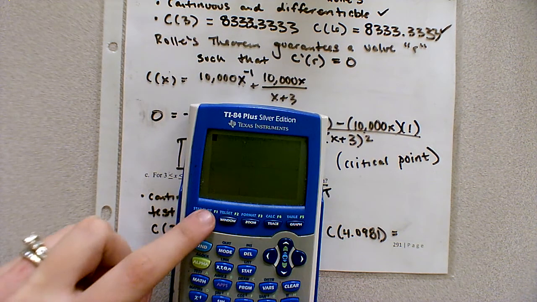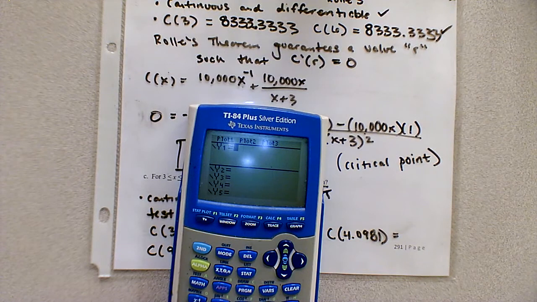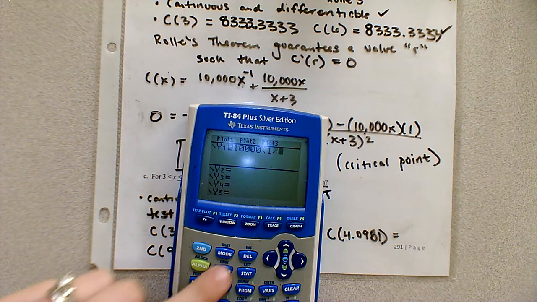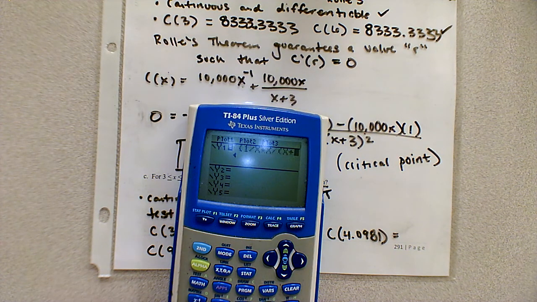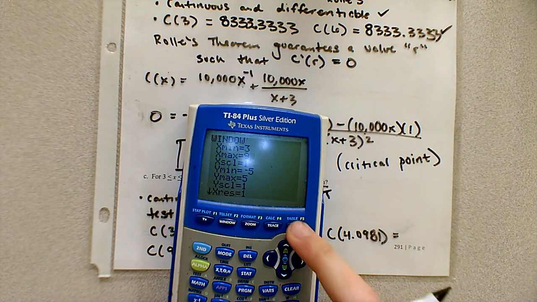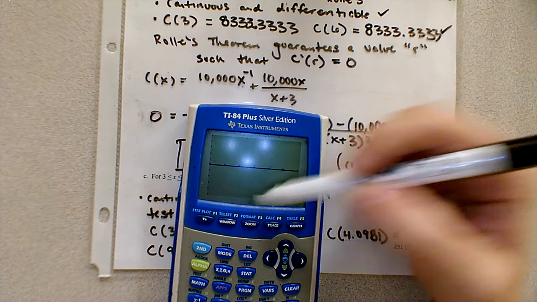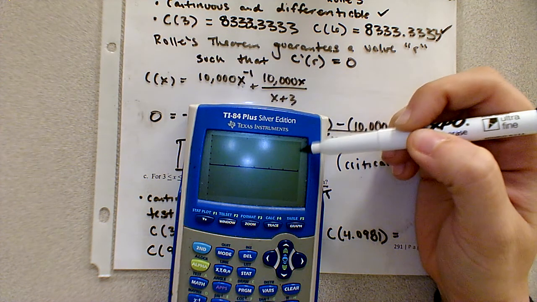All right, we got some calculator work here. I'm going to clear out the derivative function, and I'm going to type in the original function, 1 divided by x plus x divided by x plus 3. I'll change my window from 3 to 9. All right, now, even though I can't see the graph, notice how it's done thinking.